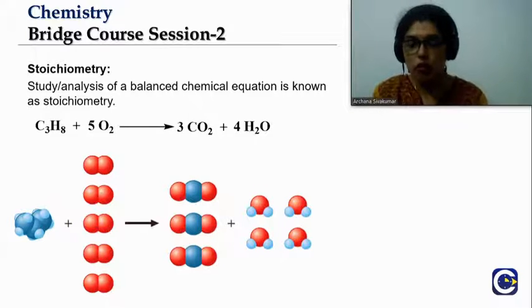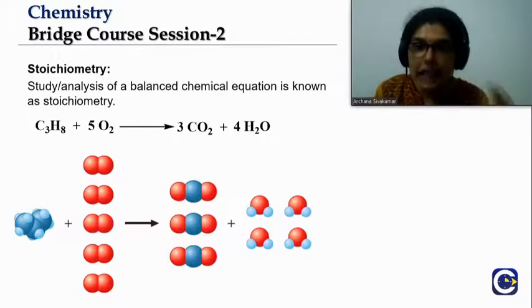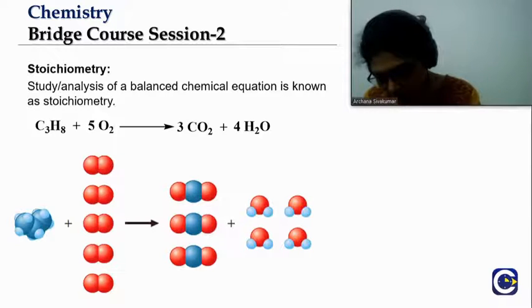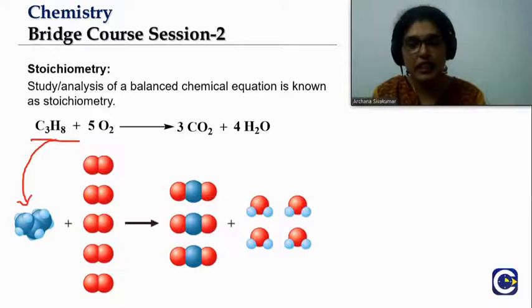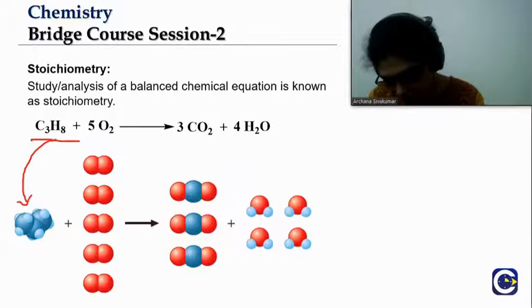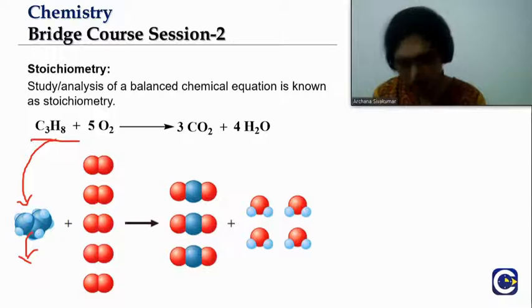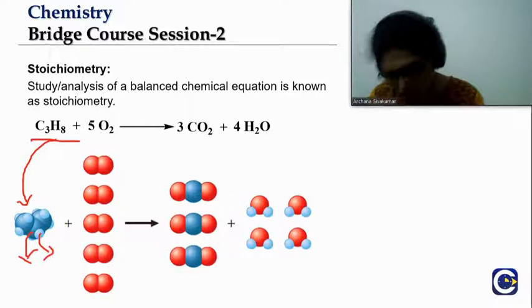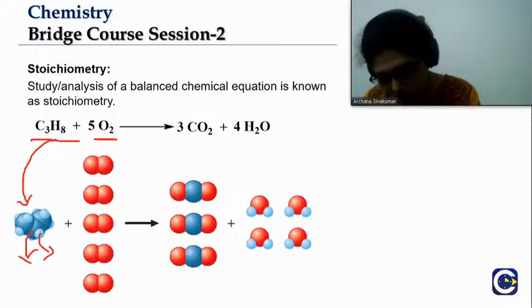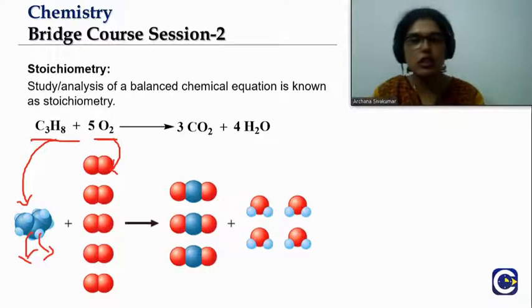In this, what do we call a balanced chemical equation? What exactly is happening in a balanced chemical equation? If I have to represent C3H8, I can represent it like this. The dark blue molecules are carbon and the light blue ones are hydrogen. And in the same way, for oxygen, the red colored molecules are oxygen.